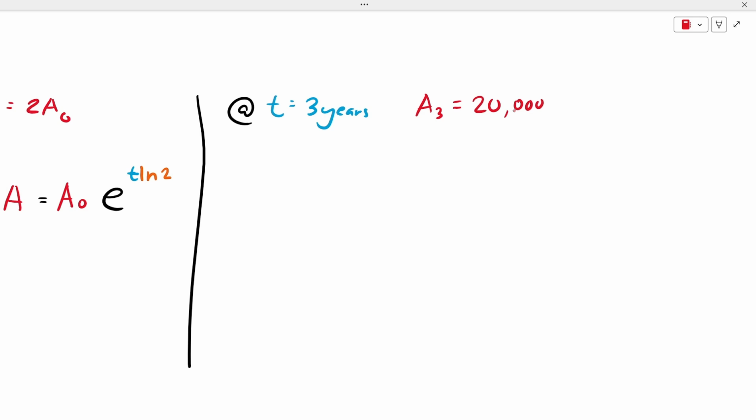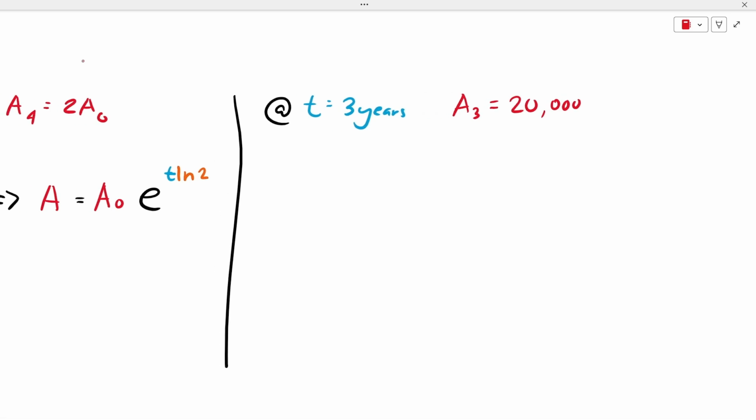So let's plug this given in our recent formula.